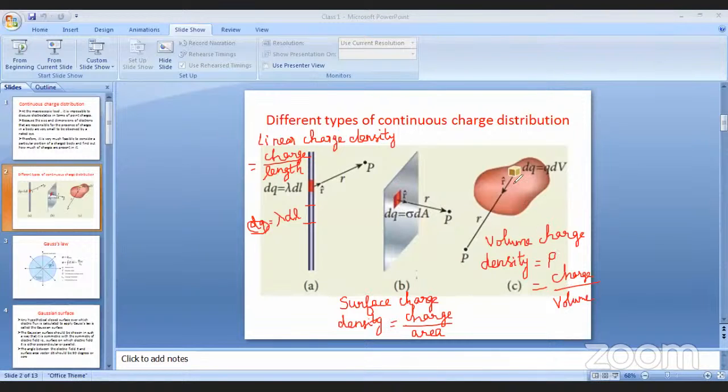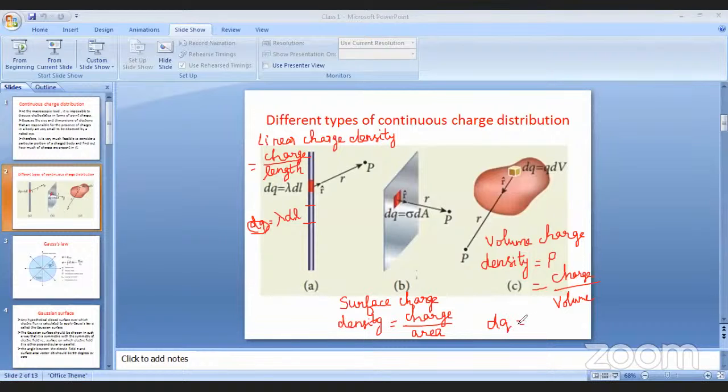Then when you take this dV amount of volume in this material, the charge present in this dV amount of volume is dq equal to rho into dV. In this diagram they have represented the volume charge density as q, but otherwise in many books it is represented as rho.